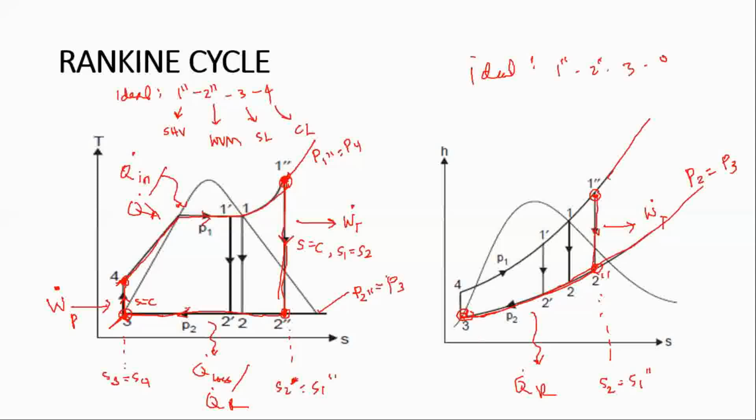Mabalik tayo from 2 double prime to 3. Constant ang pressure. Then 3 to 4, magkakaroon ng adiabatic pumping, so S3 equals S4. Of course, need natin yung work ng pump. Then finally, from 4 to 1, yan ay constant pressure process. So we have P1 double prime equals P4. Then magkakaroon tayo ng heat added.